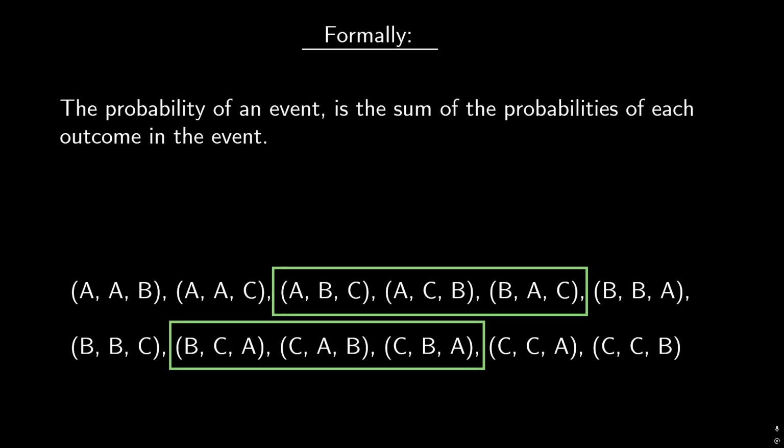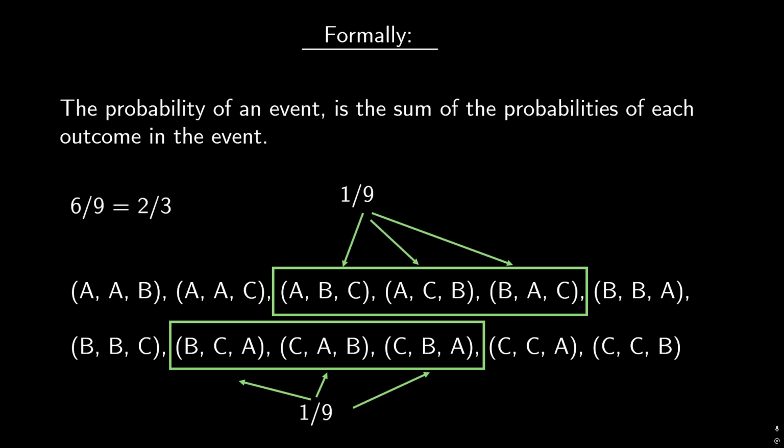The idea is that the probability of an event is simply the sum of the probabilities of each outcome in the event. So the probability of the event of winning, since all of these have probability 1 over 9 each, is just 1 over 9 times the number of outcomes. You might imagine how this might be different, but in this case all of them have probability 1 over 9. So really, it's just 1 over 9 added to itself 6 times, which is 2 out of 3.